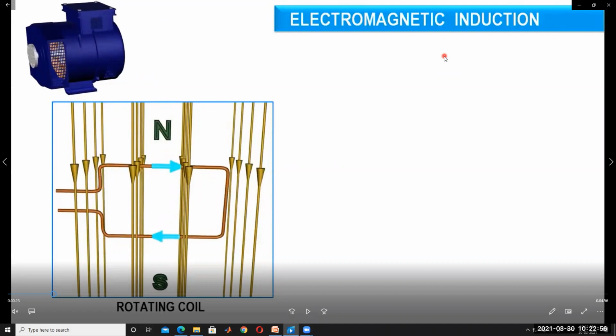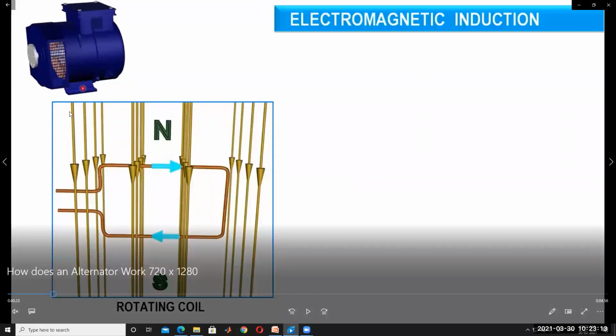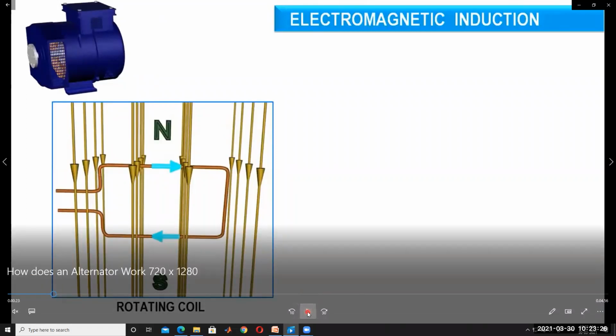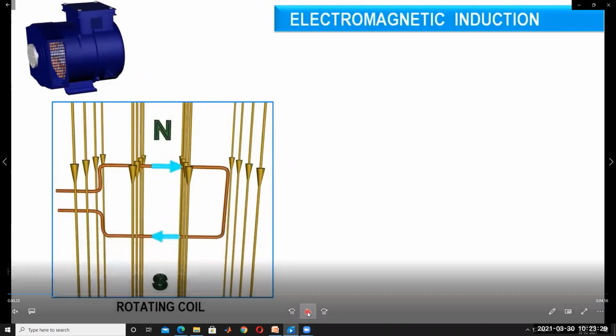Similarly, here also there must be a relative space variation or relative time variation between the flux and the conductors. It is relative time variation in a transformer, and relative space variation in a generator. In DC machines, the armature conductors are rotating; that means rotating conductors are placed in a stationary magnet.